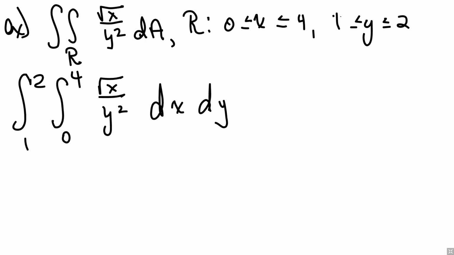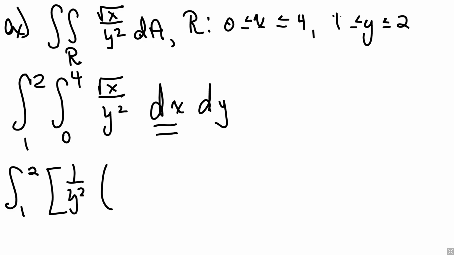Okay, so now let's integrate first with respect to x. So we're going to have the integral from 1 to 2 of, now 1 over y squared, that's a constant. We're going to multiply. So what's the antiderivative of square root of x?